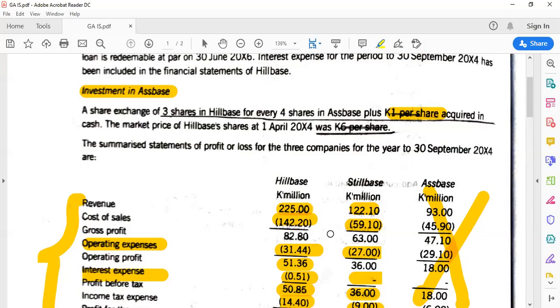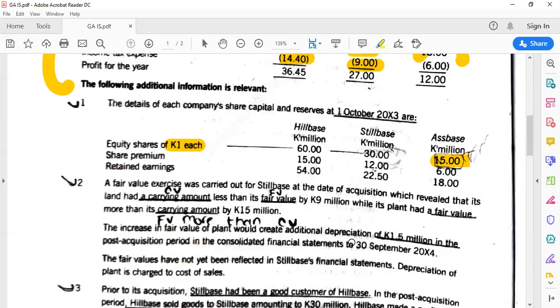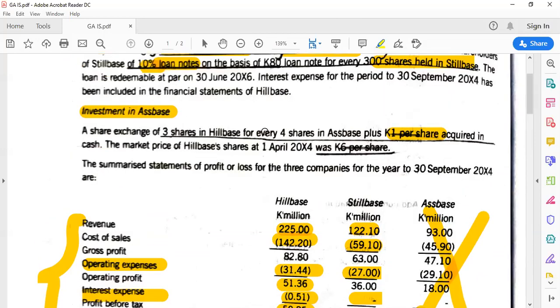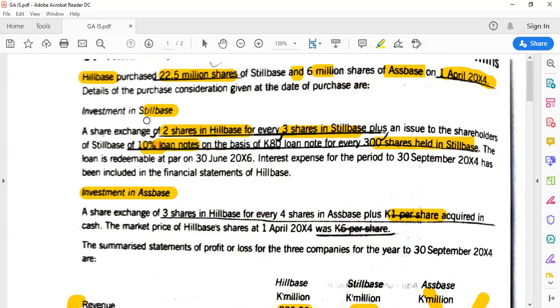I did 60 since they're saying that. Where are you getting the 60? Hubers purchased 6 million shares of ASBase. Yes, they have told us here that he purchased 6 million shares of the associate. Now, the associate had the total number of shares of how much? 15 million.